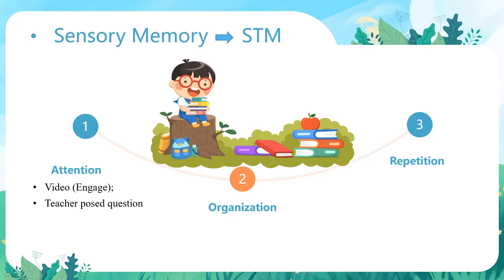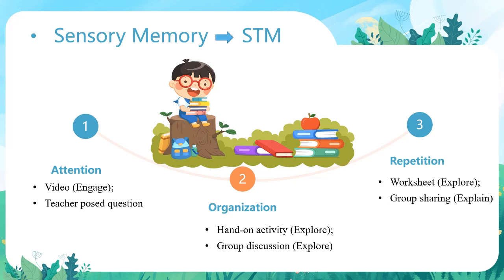Firstly, the video at the beginning and the question posed by teacher can arouse students' attention. Then hands-on activity as well as group discussion in Explore session can offer students chances to have an organization on what they have perceived. What's more, students can have a repetition by working on the worksheet and sharing his or her ideas to others.